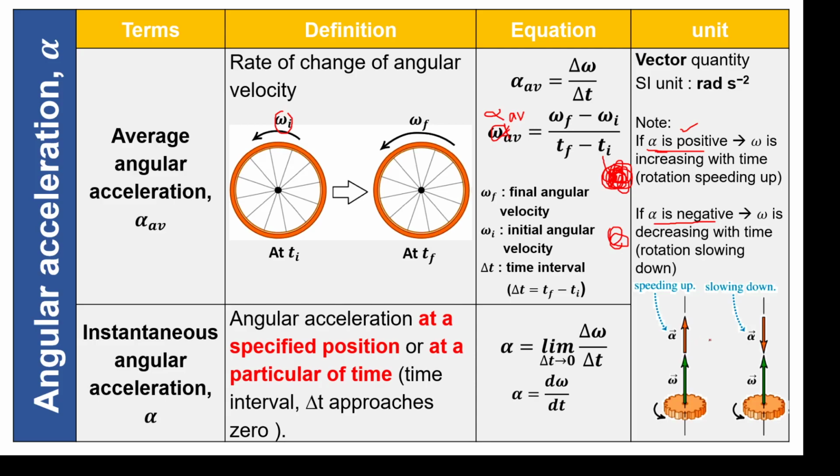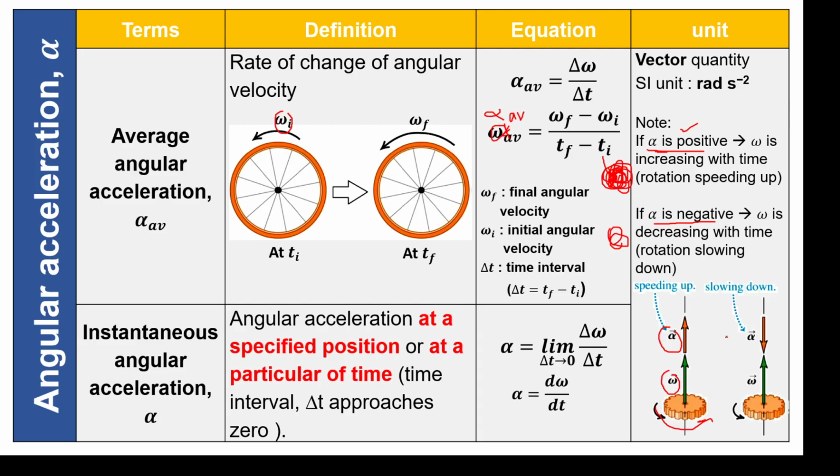If it is speeding up, alpha is in the same direction as omega, the angular velocity. But if it's slowing down, the angular velocity has a different direction from the angular acceleration. So we've done our explanation of angular displacement, angular velocity, and angular acceleration.